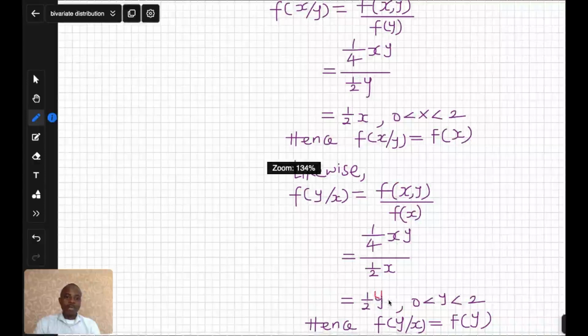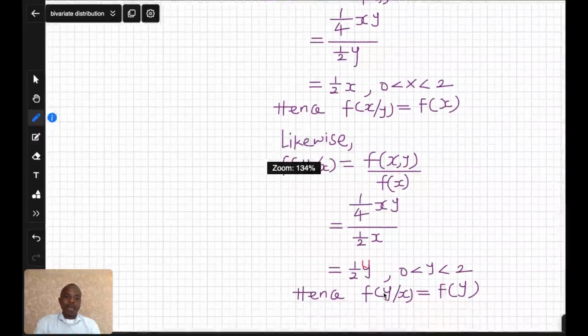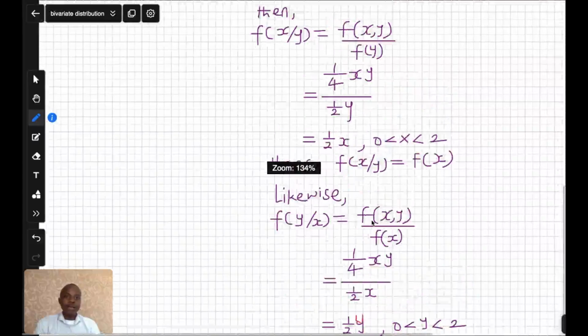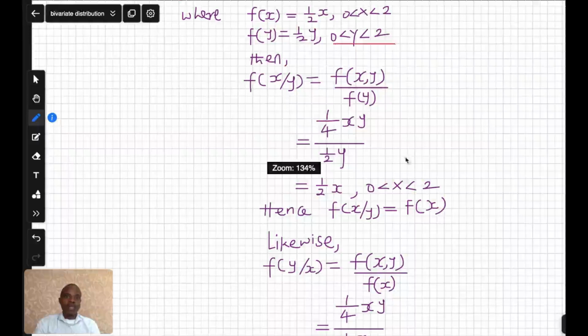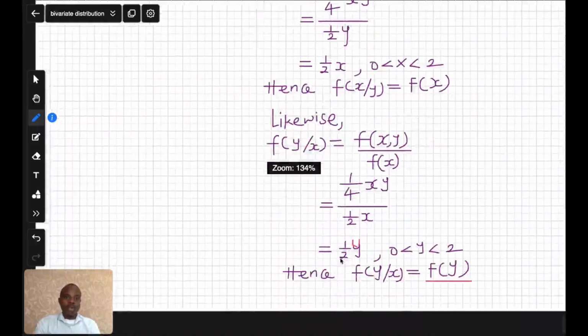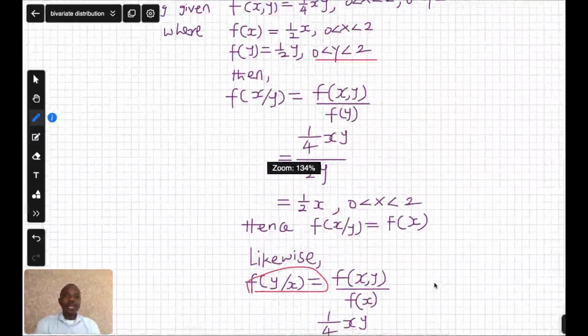Half is a constant coming before the variable y, for the range 0 less than y less than 2. Again, the conditional distribution of y given x is the same thing as that of y up here, 1 over 2y with this range. So the conditional distribution of y given x is the same thing as the marginal distribution of y.